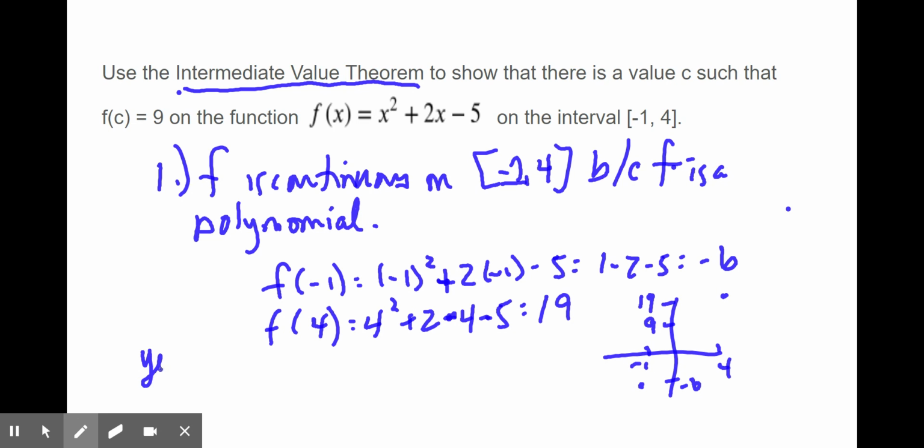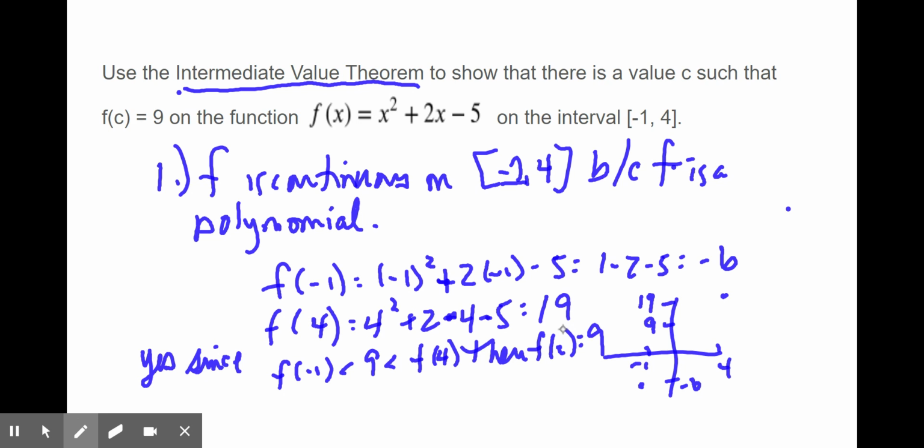So the answer is yes. Since f of -1 is less than 9, which is less than f of 4, then f of c must equal 9 by the intermediate value theorem. And that's all there is to it. Okay, that's how the theorem works.